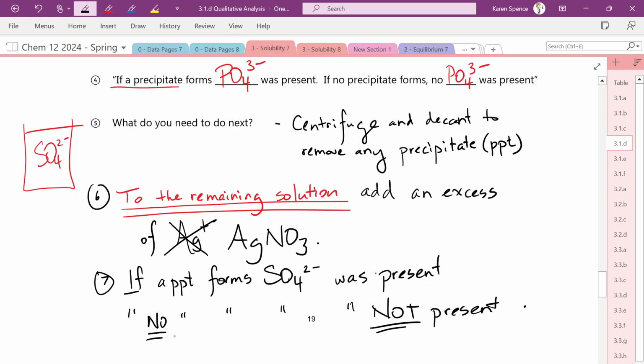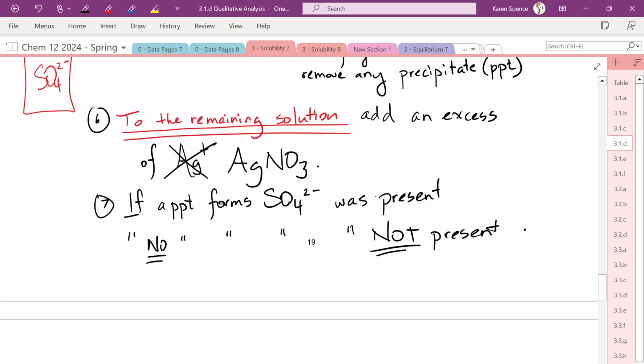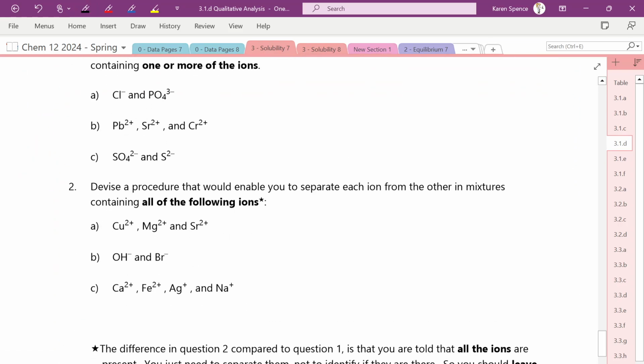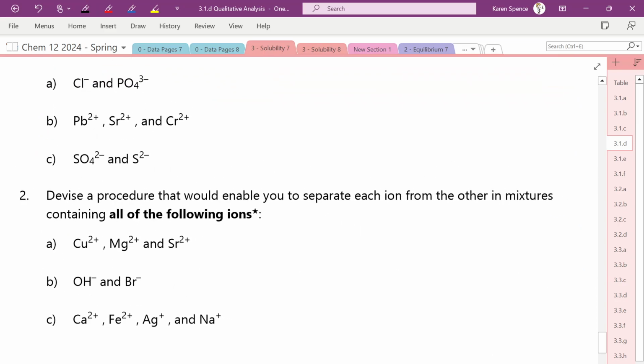Is that good? Your homework is page 20. You will need to do it on separate paper. Okay? Now, there's one thing I need to point out to you about question number 2. What does it say that is different? Question number 2 says it contains all of the following ions.